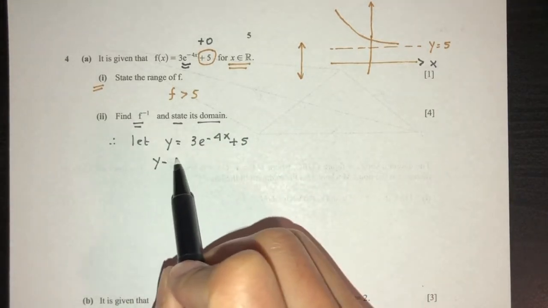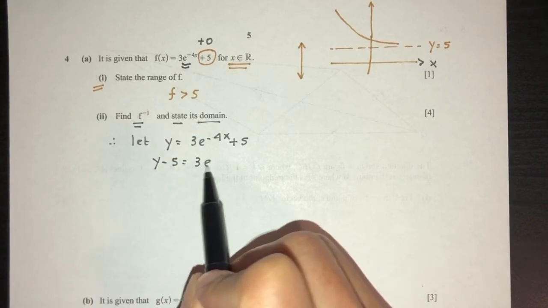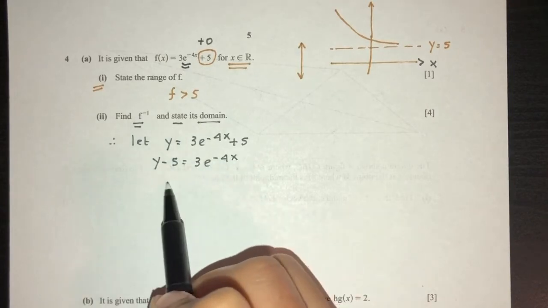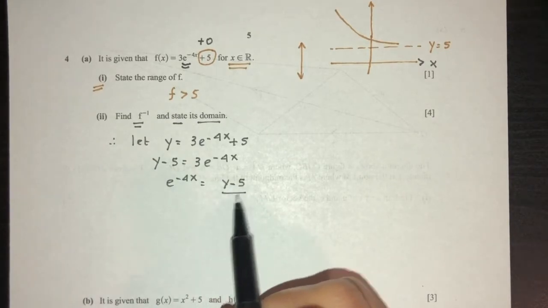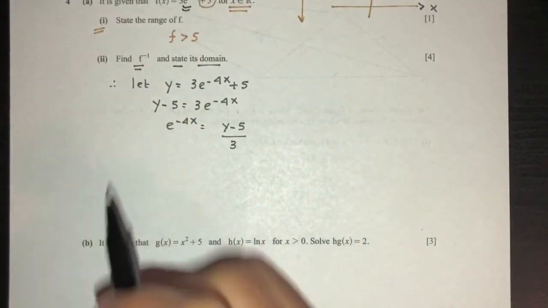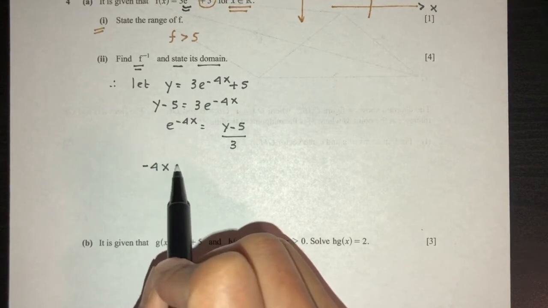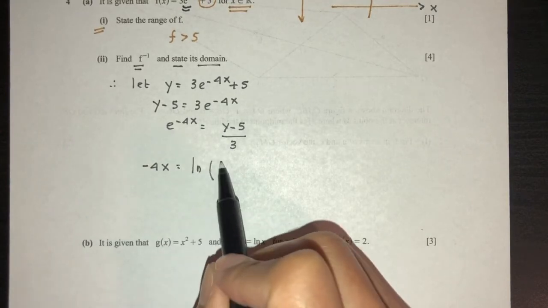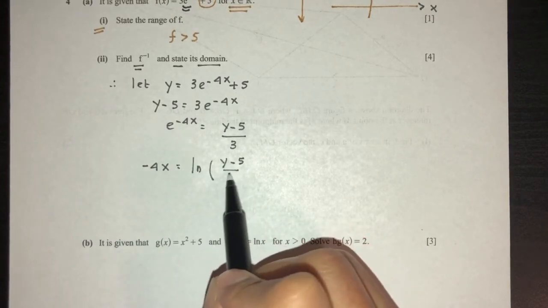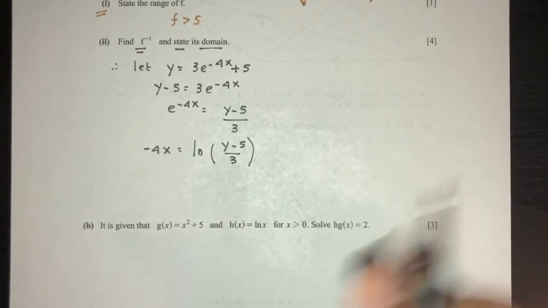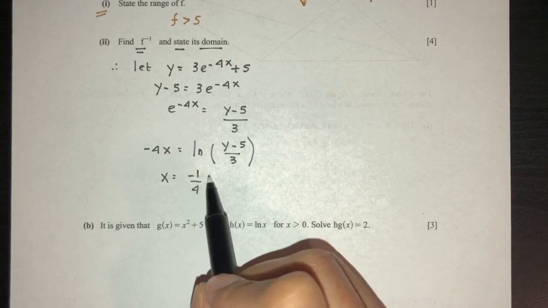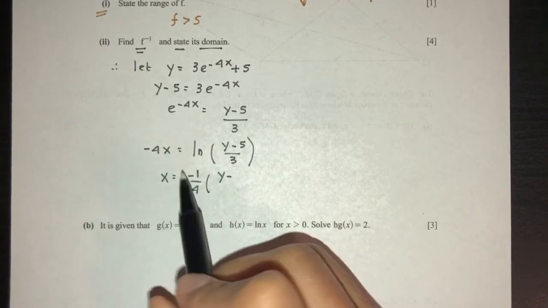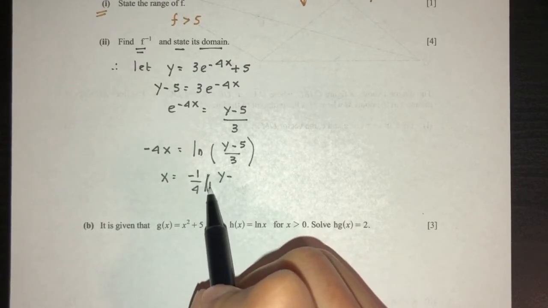So y and x will be minus 1. Sorry, I forgot ln. I have to write ln here.